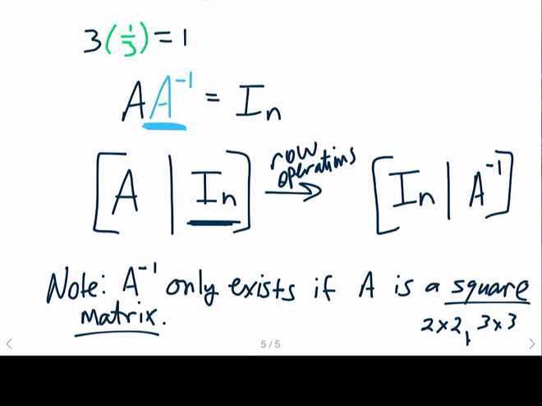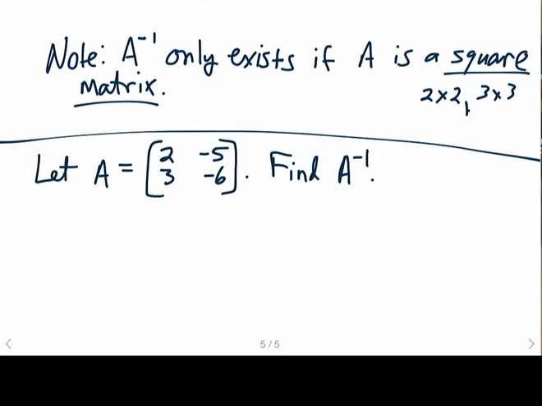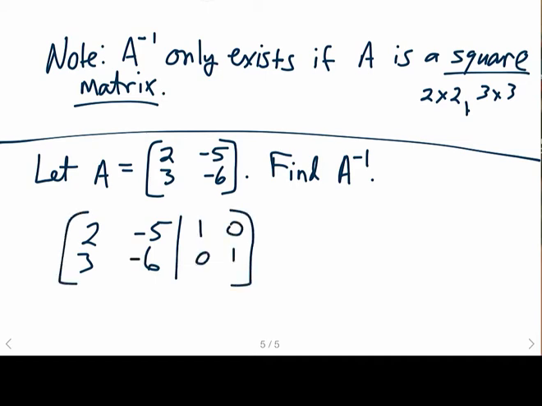Well, let's see how we can find the inverse of a matrix. We're going to let A be the 2 by 2 matrix 2, -5, 3, -6, and we're going to find A inverse. So we set up the augmented matrix, 2, -5, 3, -6, vertical line, 1, 0, 0, 1, and we're going to perform row operations to turn what's on the left into the identity matrix.